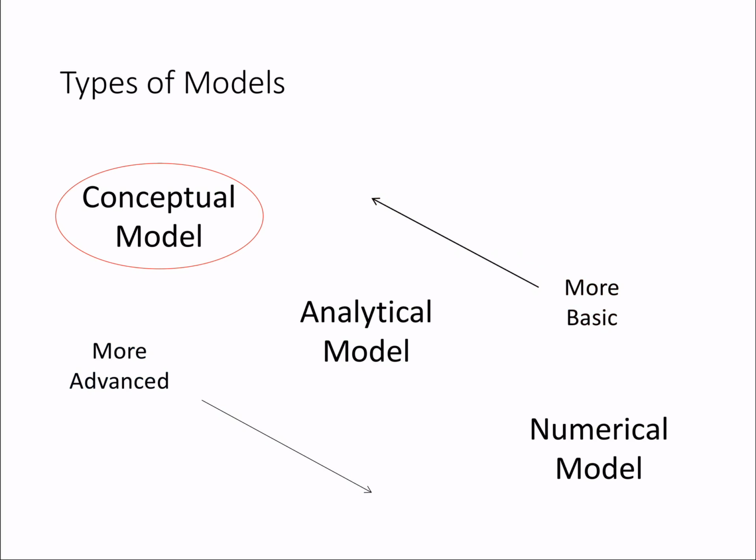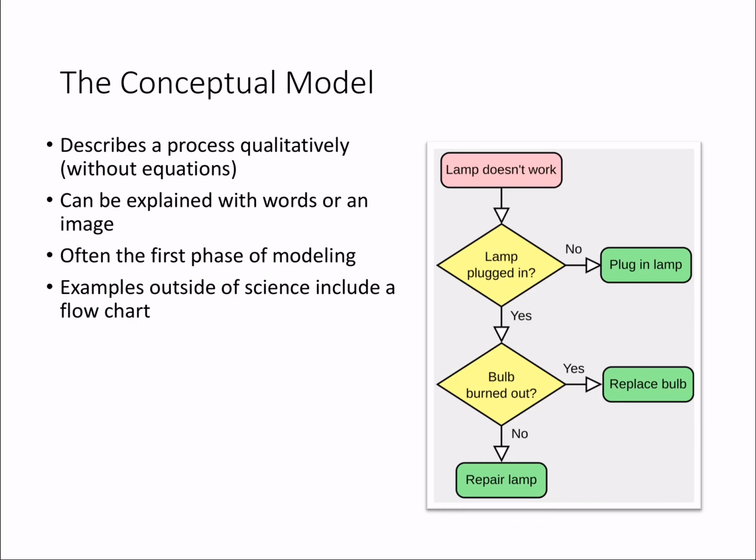So we're going to start with the conceptual model. The conceptual model describes a process qualitatively, so without equations. It's just going to have either an image or a paragraph describing this process. You probably encounter conceptual models all the time in your classes, whether they're scientific or not, when you hear some sort of model describing some sort of process, about maybe the way people behave or a certain scientific equation or chemical reaction.